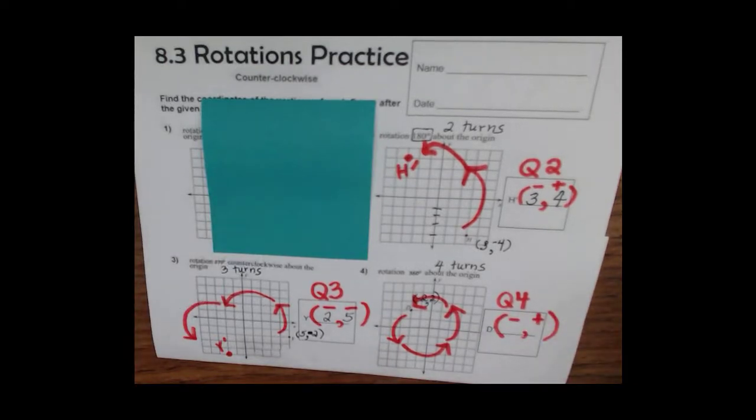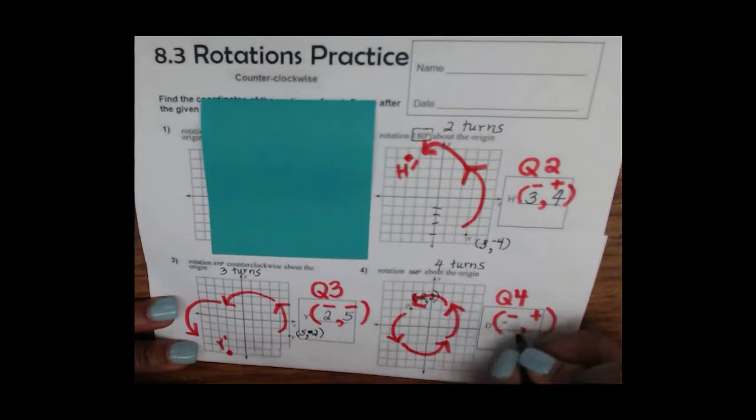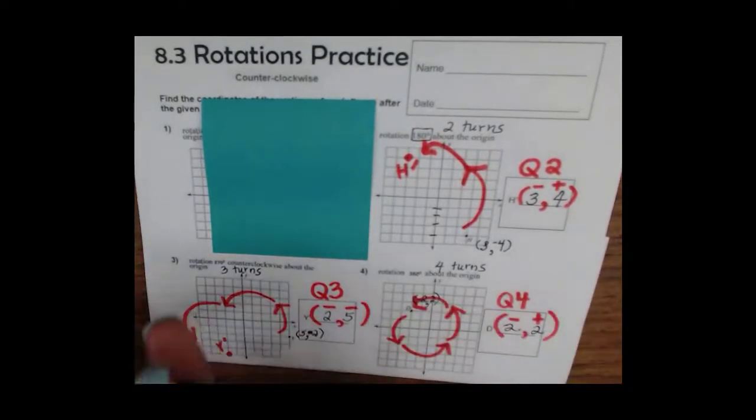Our degrees of rotation chart says for 360-degree rotations, it's the same ordered pair. You are back where you started. So we will have the exact same ordered pair. X is still -2 and Y is still +2. It's the exact same ordered pair.